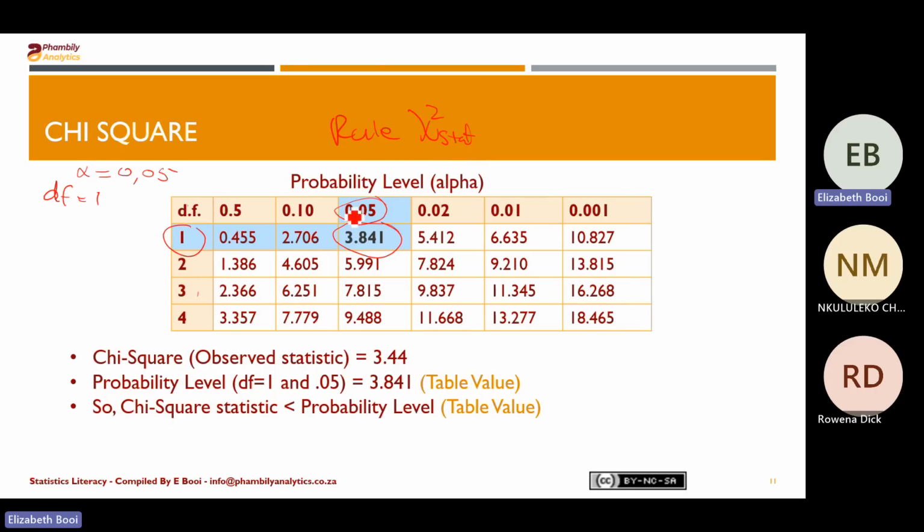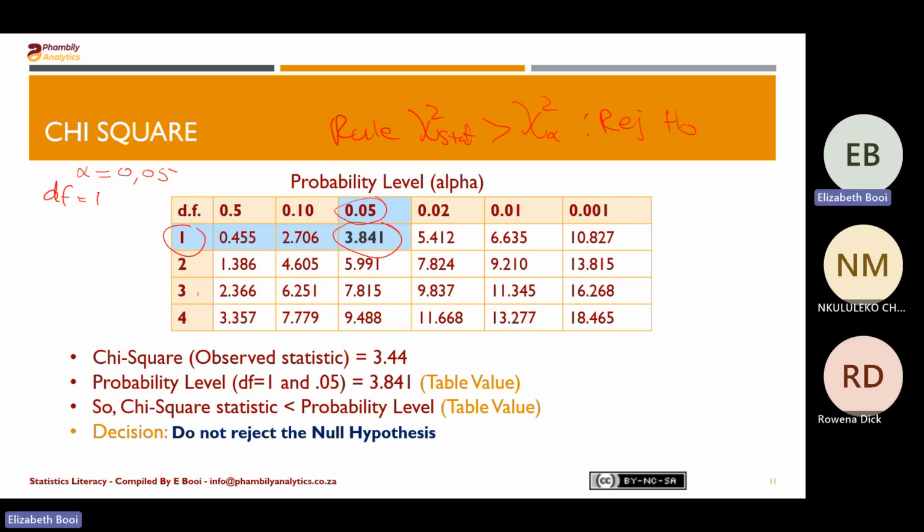My test statistic is 3.44 and my critical value is 3.48. So our chi-square test statistic is less than the critical value, because this is smaller than that. It means we are not rejecting the null hypothesis.